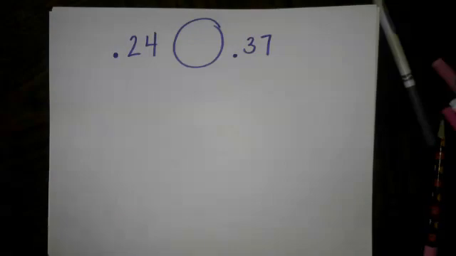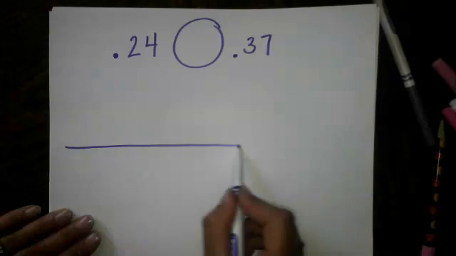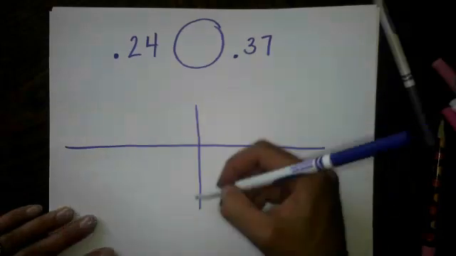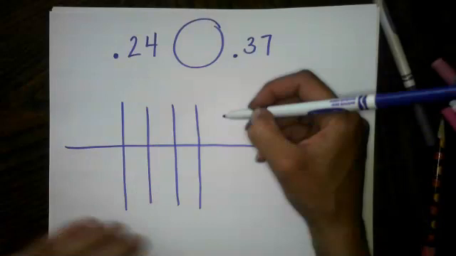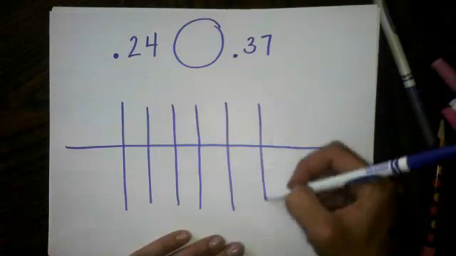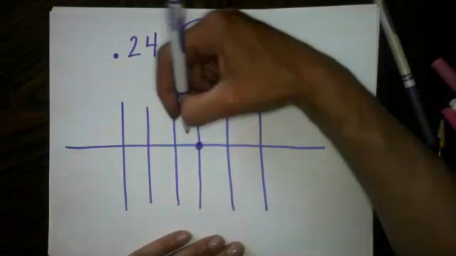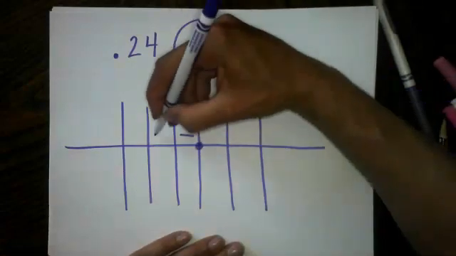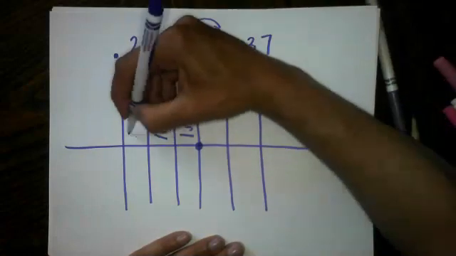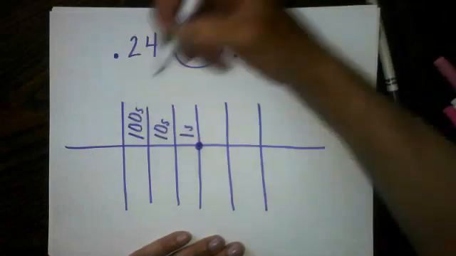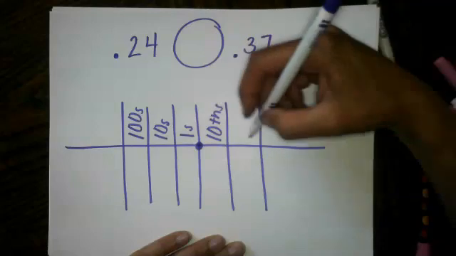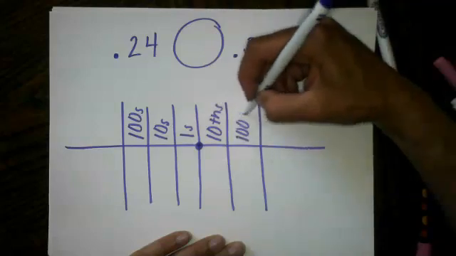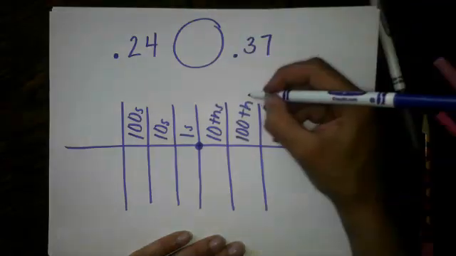Okay, but instead, before I fill this in, I'm going to do a number line too. Just like we did on the last page. And I will label everything. I'm going to put my decimal point there, my ones, my tens, my hundreds, my tenths with the TH, and my hundredths with the TH.